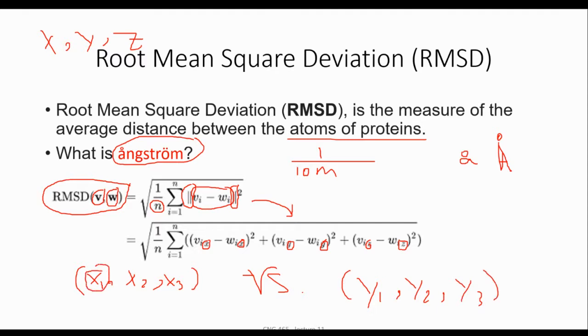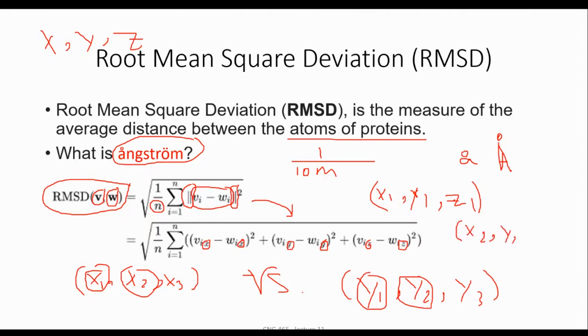So you are comparing x1 with y1, x2 with y2, and so on. Or you can write it like x1, y1, z1, in order not to confuse it with the coordinates that we are talking about, and here x2, y2, z2. It's up to you how you want to write them. We are comparing, for example, these two together.